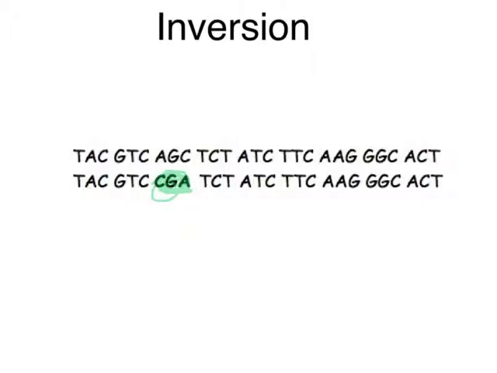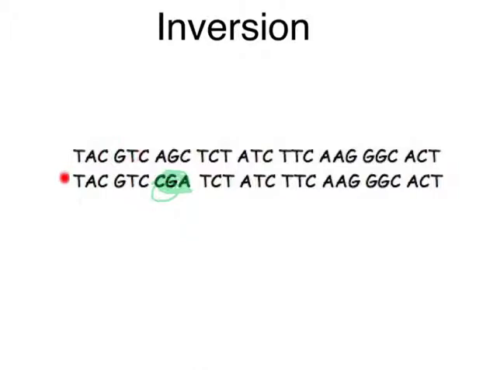Now here's what I want you to do. I want you to go ahead and take this normal sequence of DNA and turn it into messenger RNA. And once you've turned it into messenger RNA, I want you to go ahead and find the amino acids that go along with it.